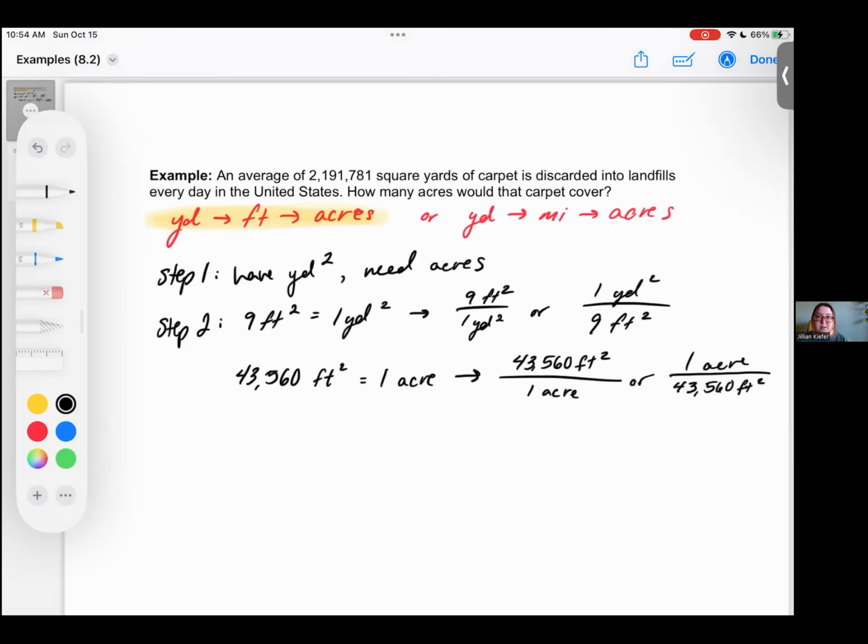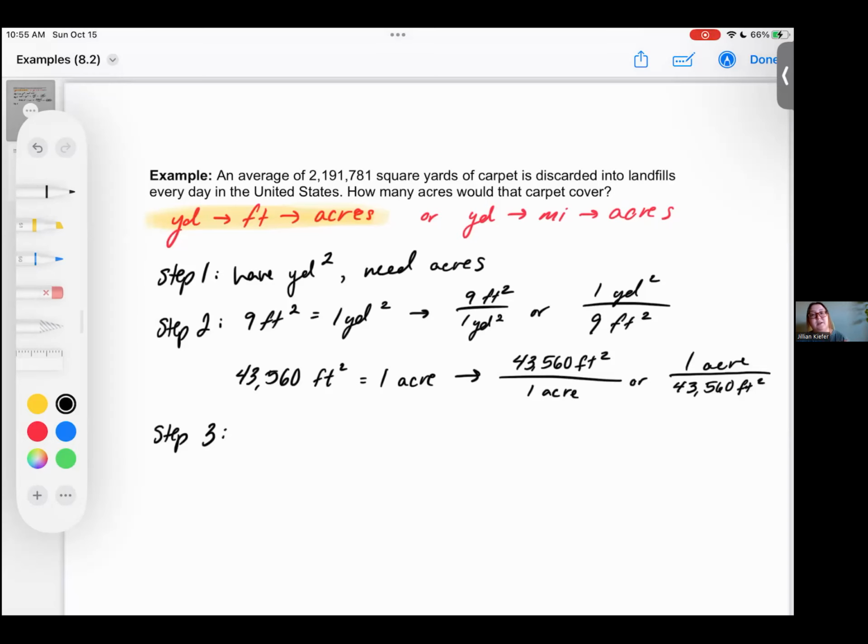So these are relationships. We're going from yards to feet and feet to acres. So we have all the different relationships between yards and feet and acres. Now we're going to figure out which ones we're going to use.